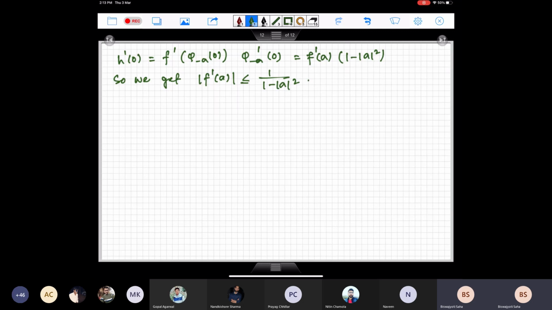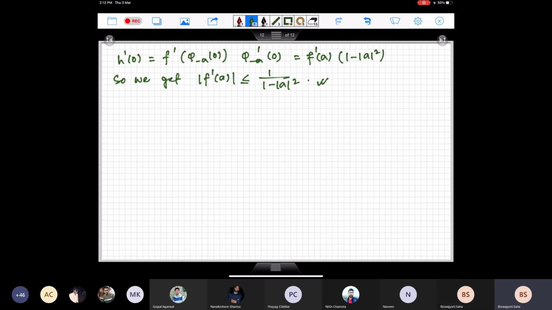What I am going to do is show that we have equality in this inequality. If I can show that, then mod of H prime of 0 is going to be equal to 1, and therefore we will get our result. Is it clear?